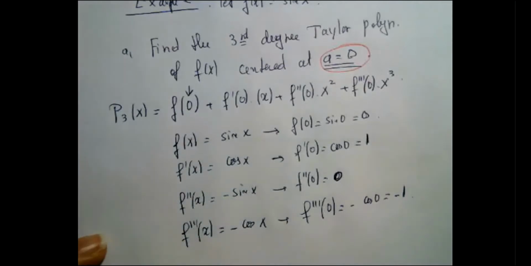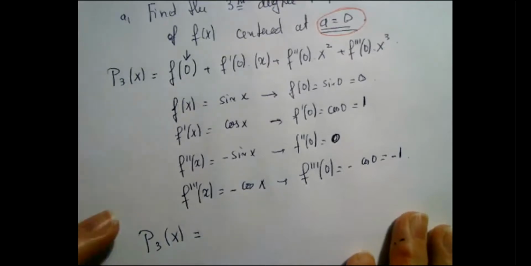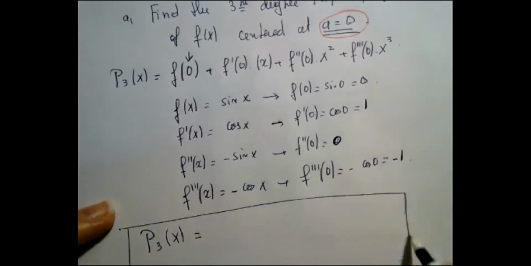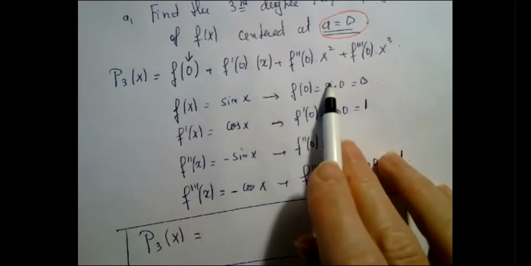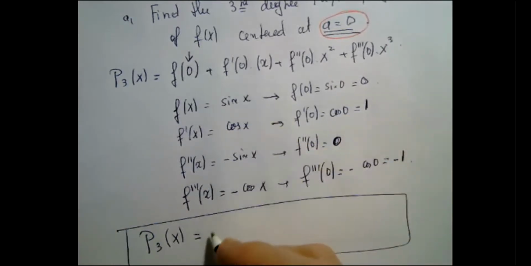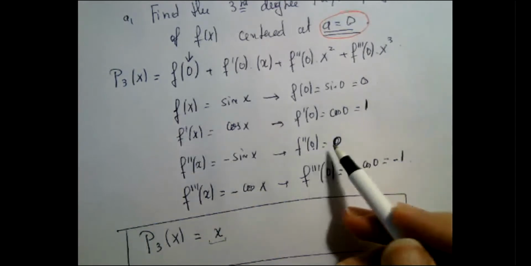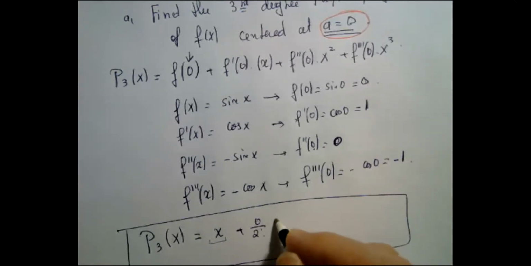And now P3 of x equals. Okay, now I apply it. f of 0 is 0, it's gone. f prime of 0 is 1 times x, it's x. That's the tangent line, that's the linear approximation. The second derivative at 0 is 0, so it's 0 over 2 factorial x squared, which is 0.